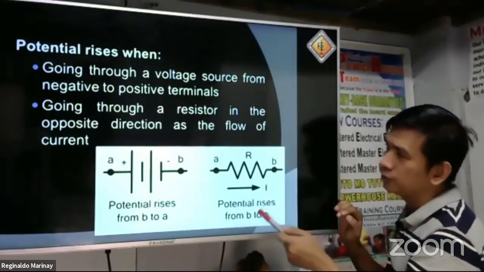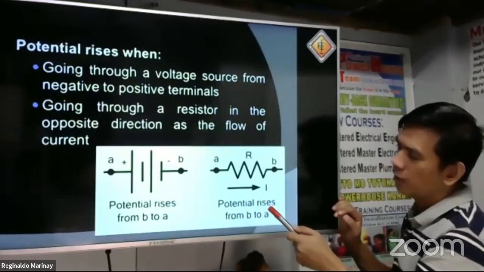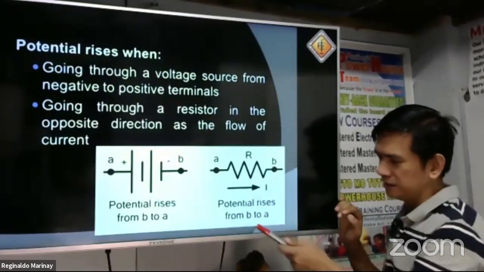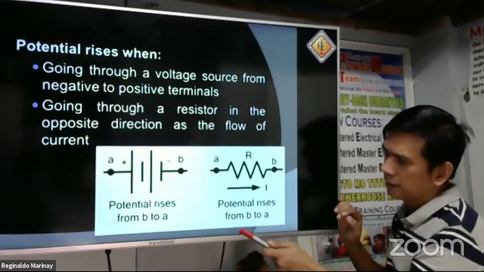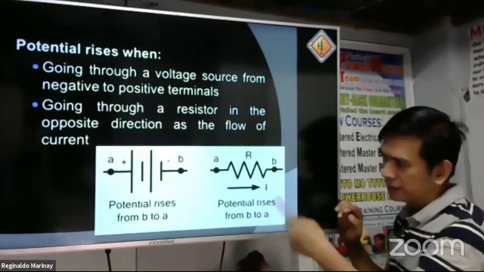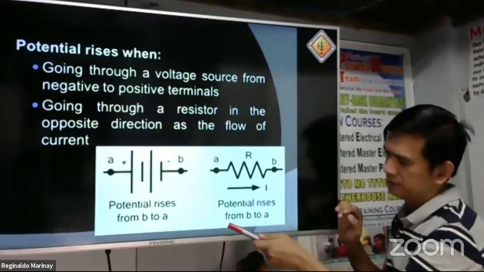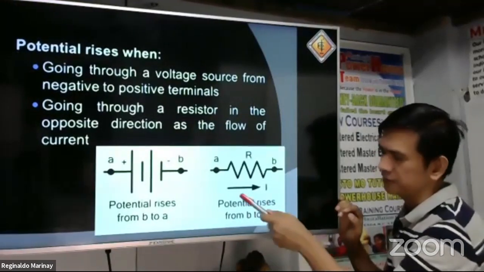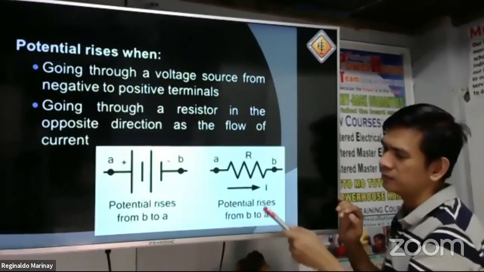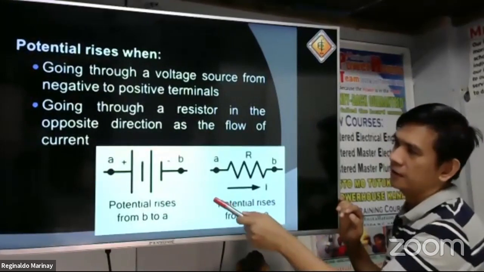Then there is an assumed direction of the circuit tracing. A circuit tracing is the assumed circulating current in a network. So, let's say this is the assumed circulating current in the network. Okay?